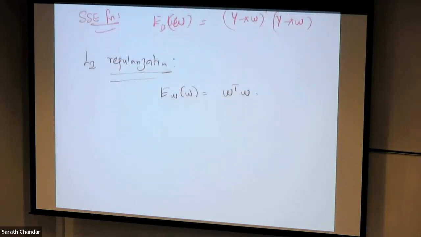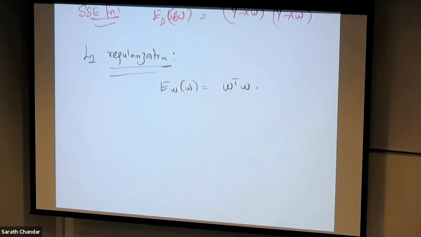This means my optimization problem is to minimize the loss function, (Y minus XW) transpose (Y minus XW) plus lambda times W transpose W, with respect to W. Let us call this a star.